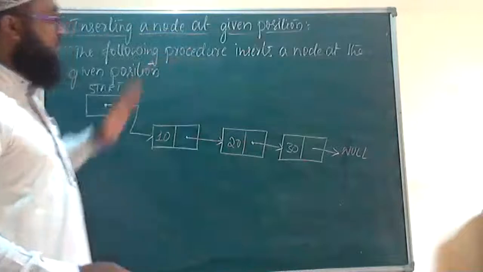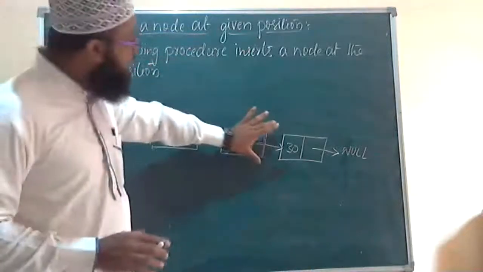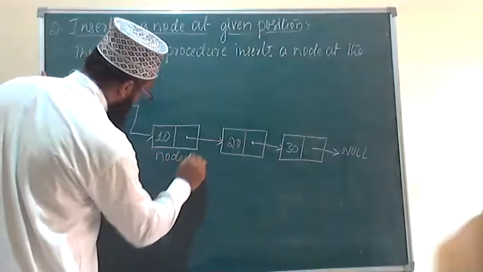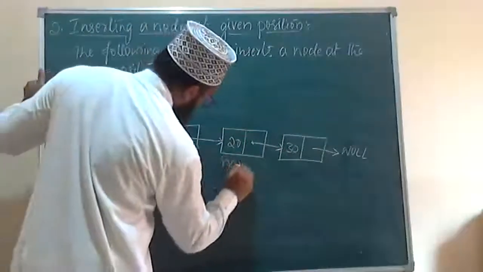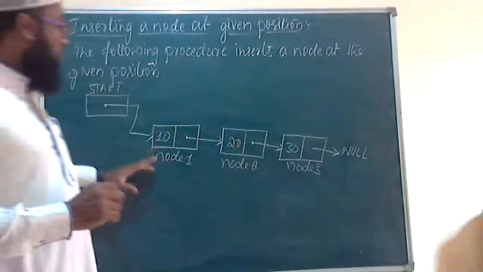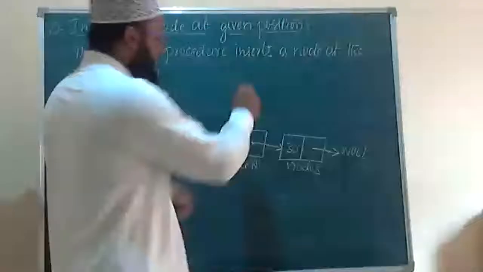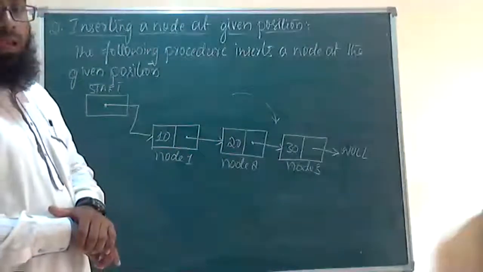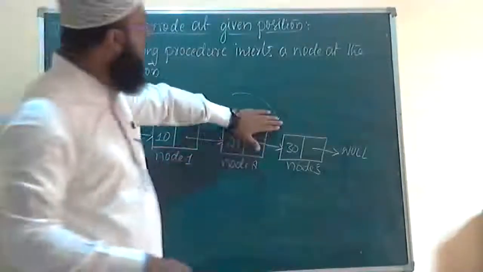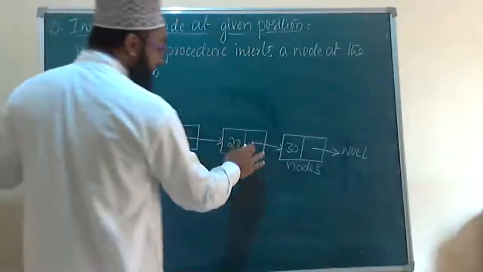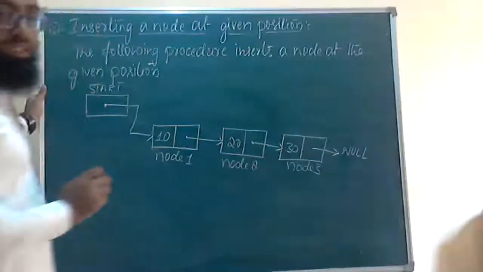Inserting a node at a given position means now I want to insert a node in the middle of these two. Take this as node 1, this as node 2, and this as node 3. What we have to do? We want to insert a new node in between these two nodes. At that time, first we have to mark this link field as a null pointer.